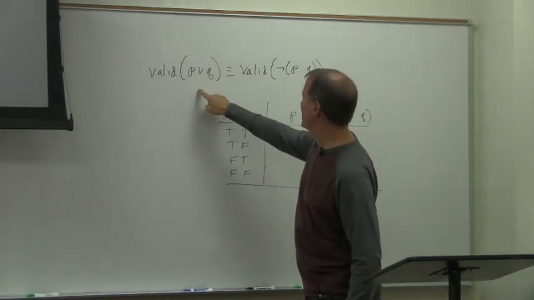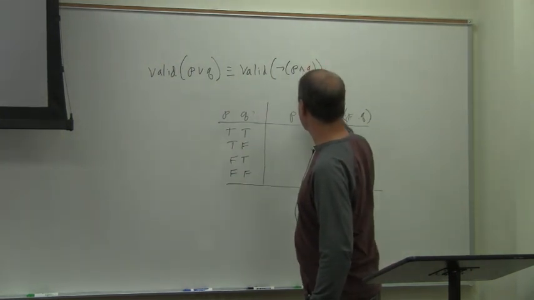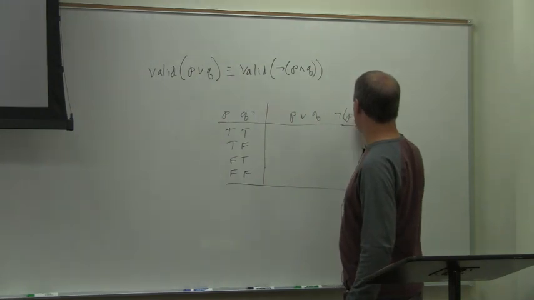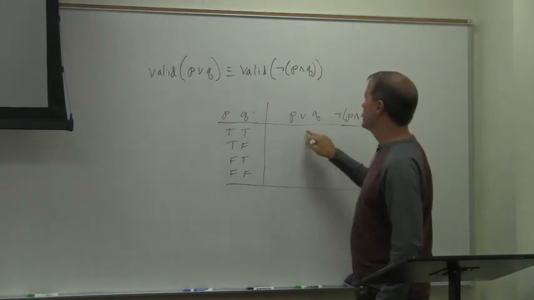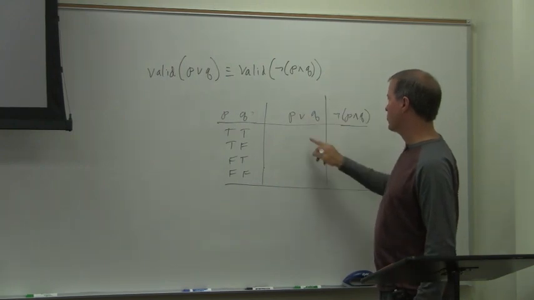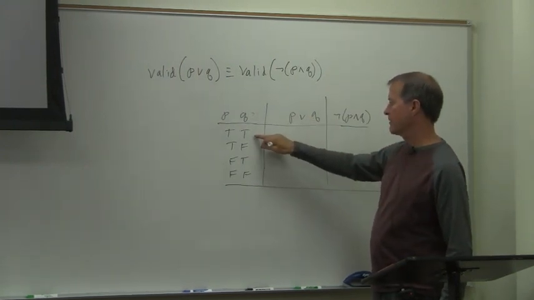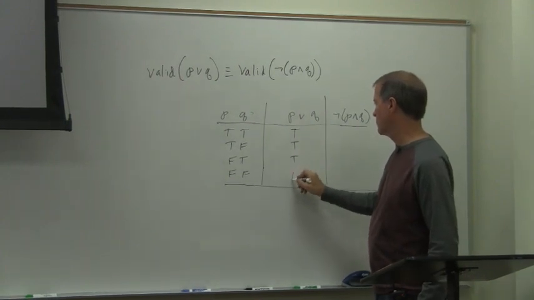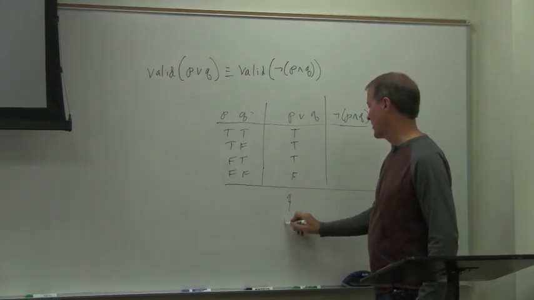Oh, I see. Okay. Now let's see if we can get this right. So this is P or Q. This is not P and Q. Is that right? Yeah. And now, let's do P or Q, and now let's do not P and Q. So P or Q is going to be true, true, true, false. So this one's not valid, right?